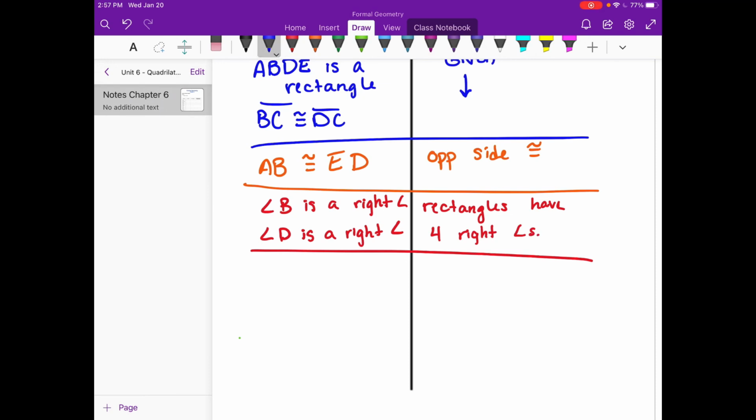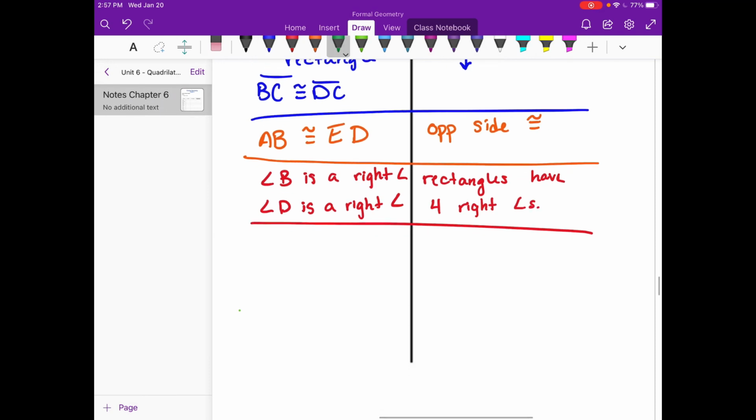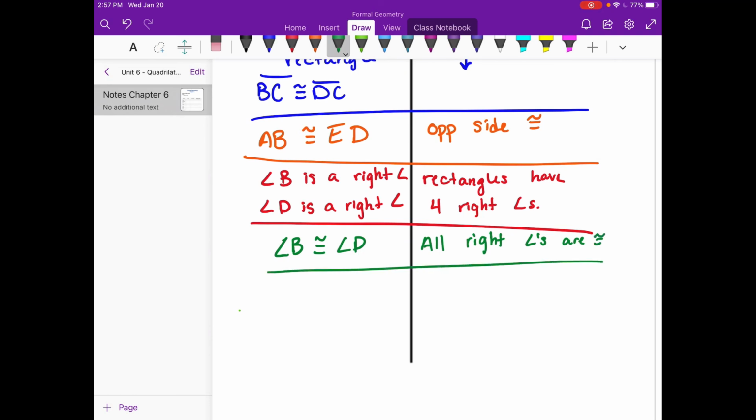Next, since those are both right angles, that means that they're both 90 degrees. Right angles are congruent to each other. So I'm going to say angle B is congruent to angle D. And that is from a theorem that we learned way back when, that says all right angles are congruent. Which is true. They're all 90.